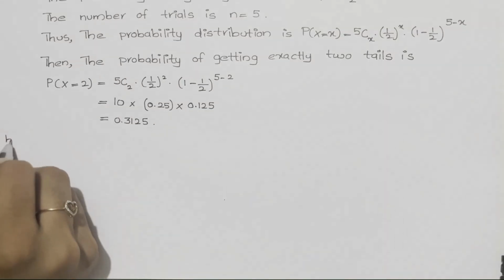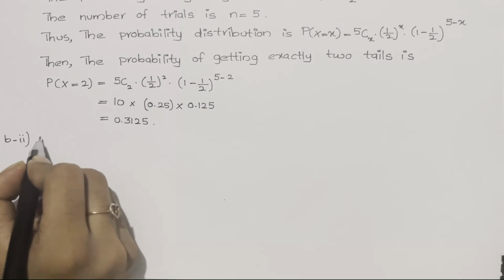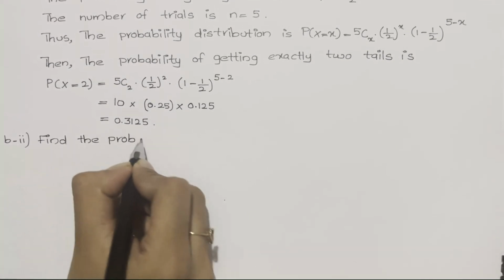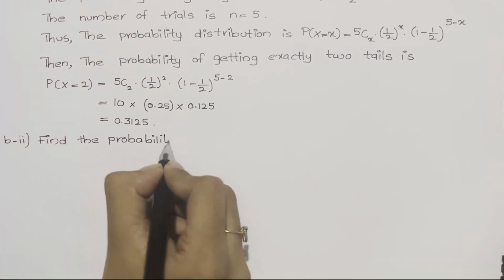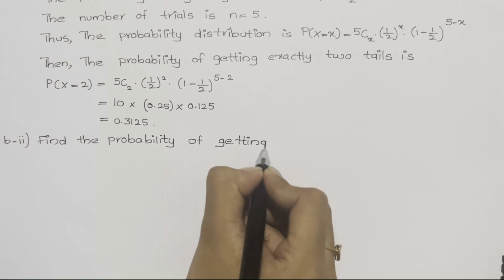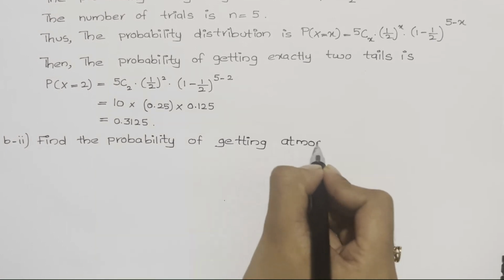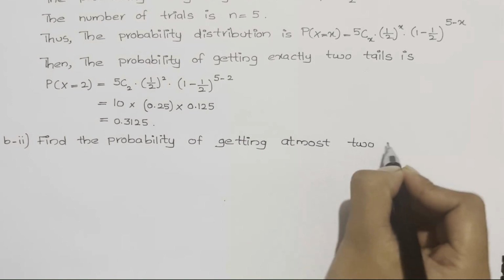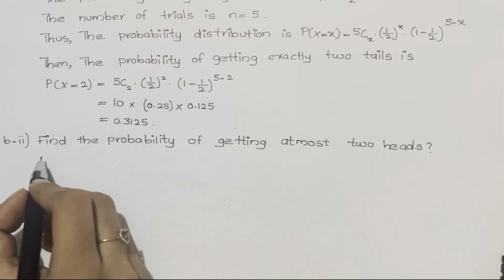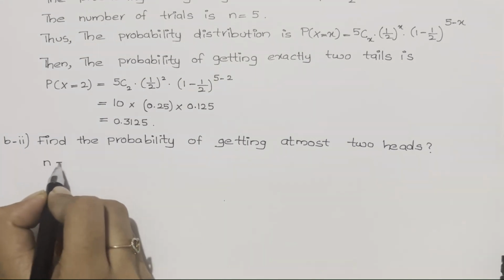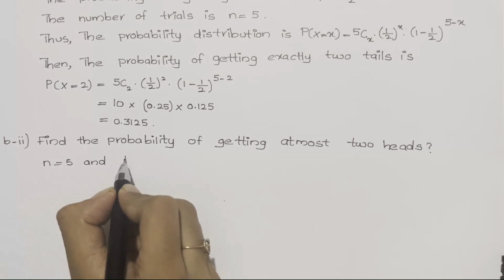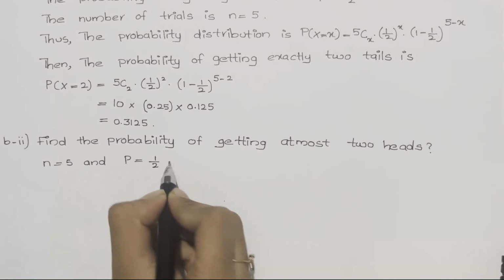The next question is find the probability of getting at most 2 heads. From the above solution, number of trials equal to 5 and probability of getting a tail is 1 by 2.